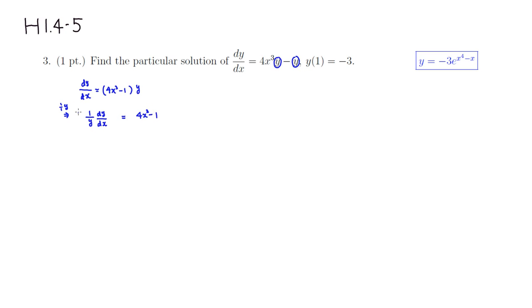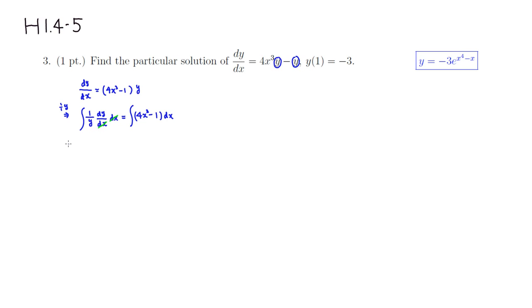Then we can integrate both sides with respect to x. So dx is an integral sign with respect to x. Then you can see that we can cancel dx here and the dx there.